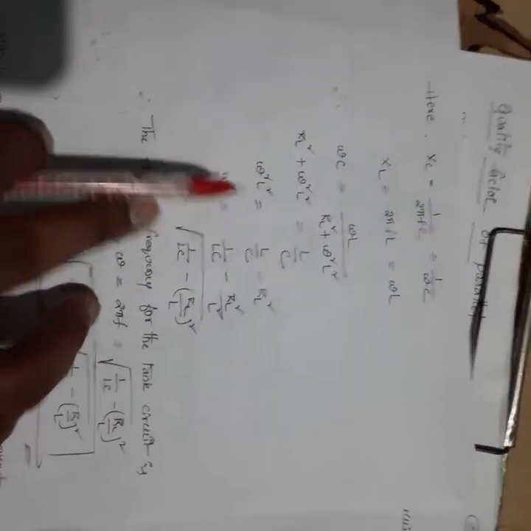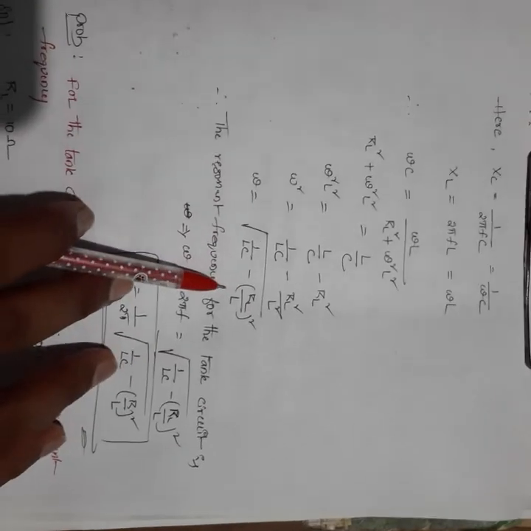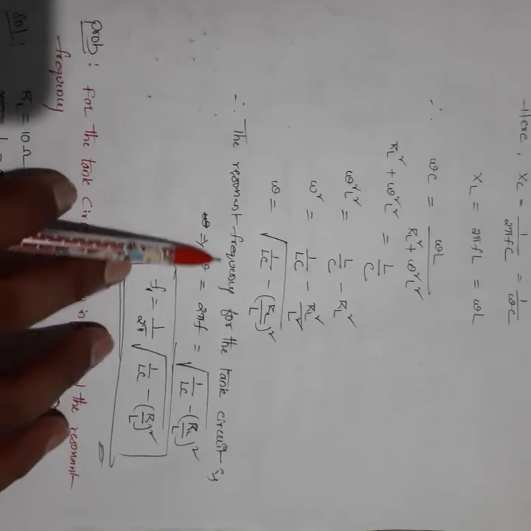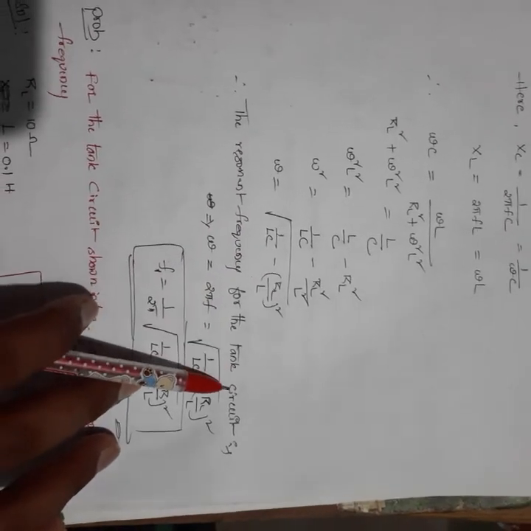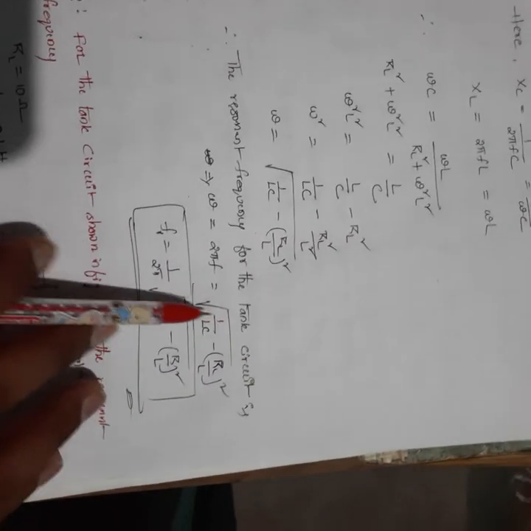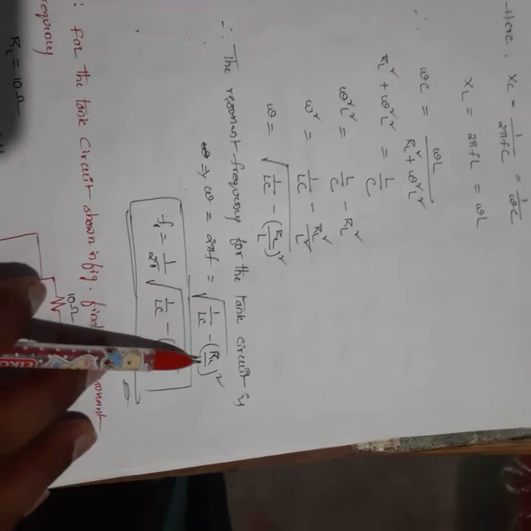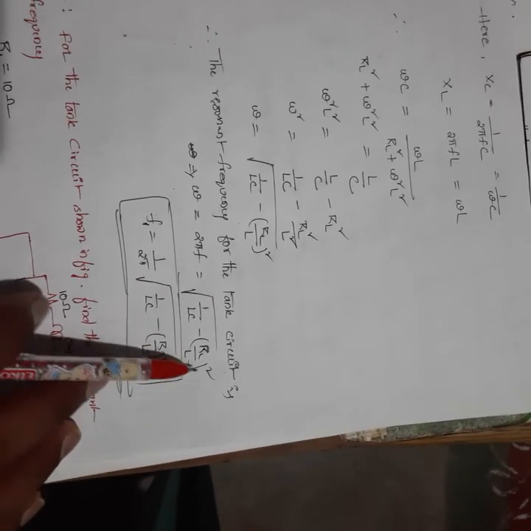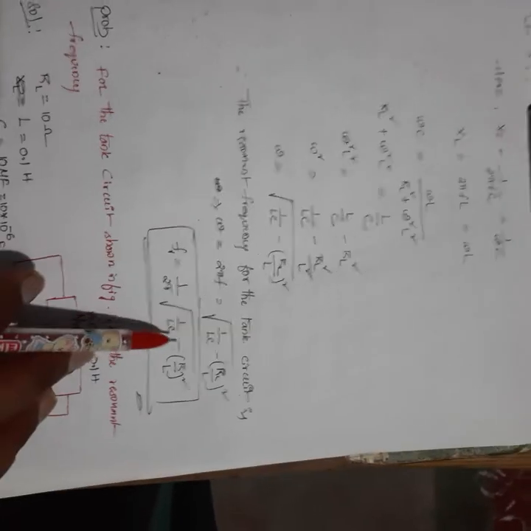Similarly, take the omega terms at one side and the remaining terms at the other side. Therefore omega equals 2 pi f, which equals the square root of 1 by LC minus (R_L by L) whole square. This is the resonance frequency of any type of tank circuit.